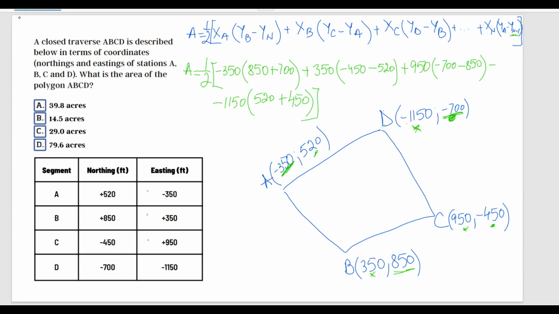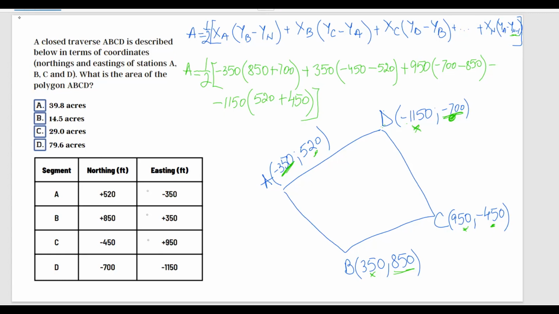Okay, that's done over there. Next, I'll do 450 negative, 520 negative plus 350 multiplied. So I get two negative values. I'm going to add them all up.